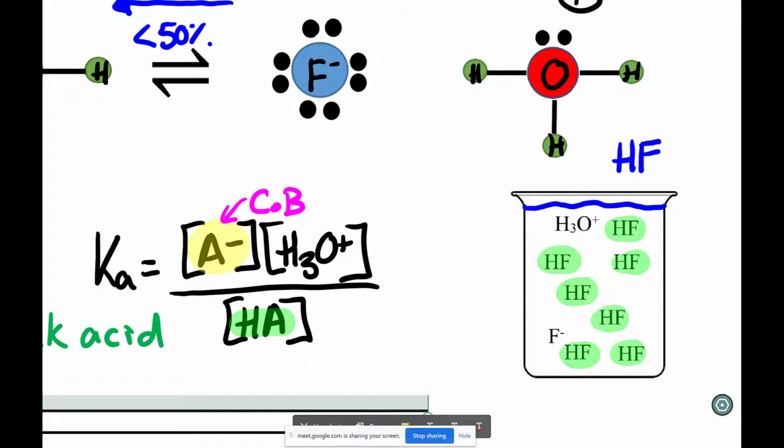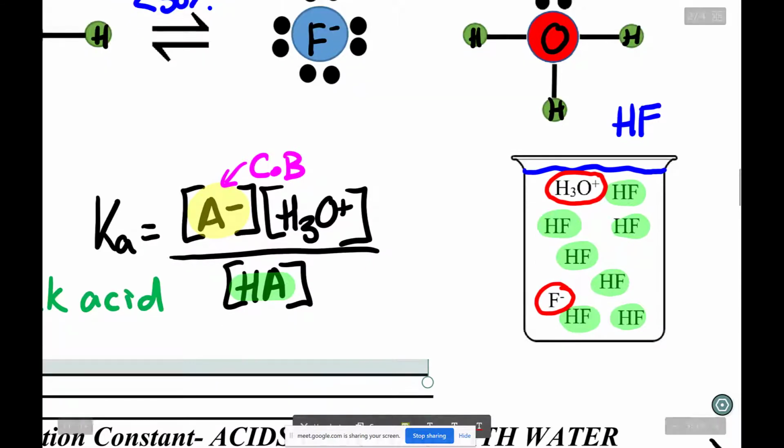But because the F holds onto the H so tightly due to its very small radius and high electronegativity, it doesn't want to give up its H to water very readily. Therefore, it's not very often that you would see an acid ion or its conjugate base of HF, F minus.